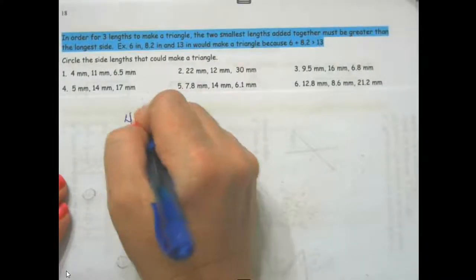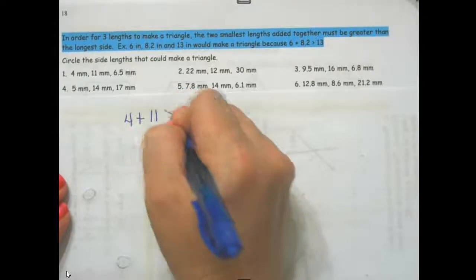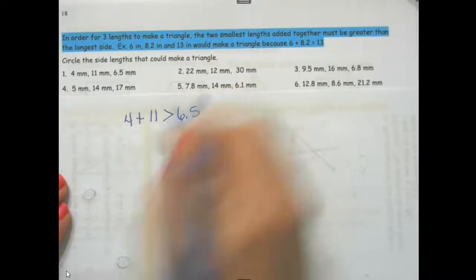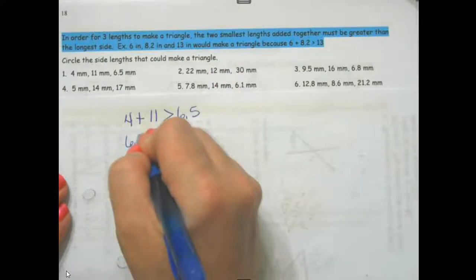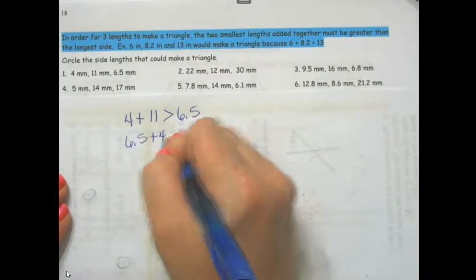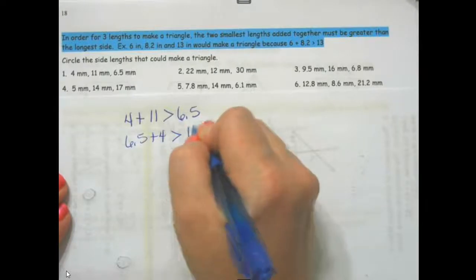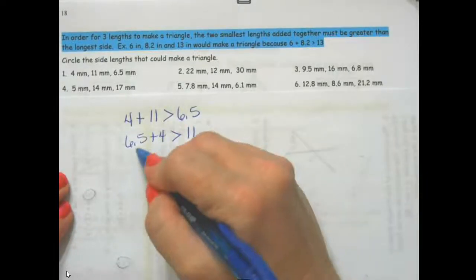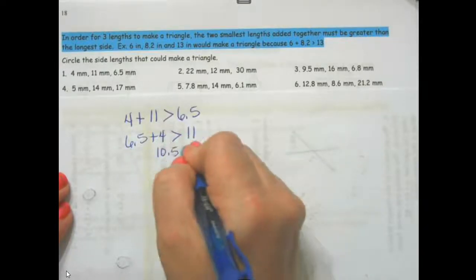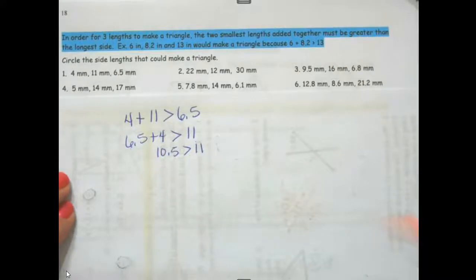So 4 plus 6.5 has to be greater than 11. That is true. 6.5 plus 4 has to be greater than 11. This is 10.5, greater than 11? So this is a no, not a triangle.